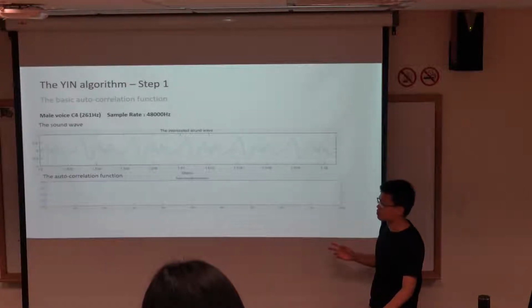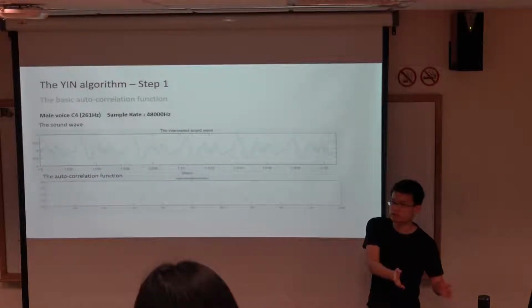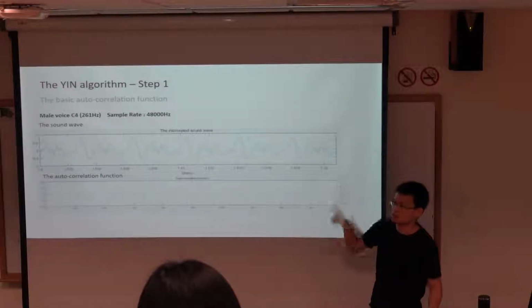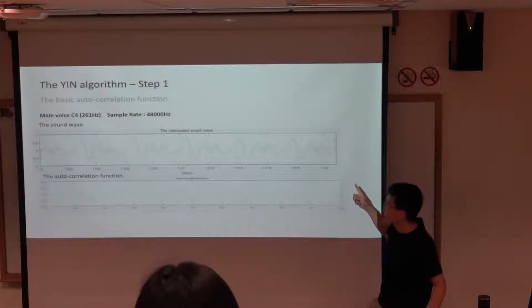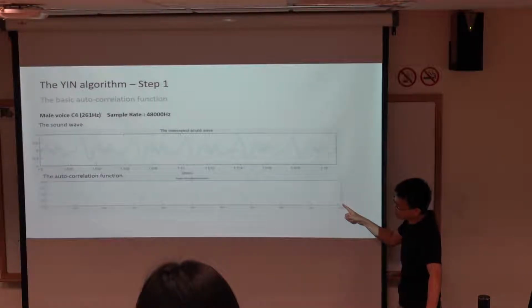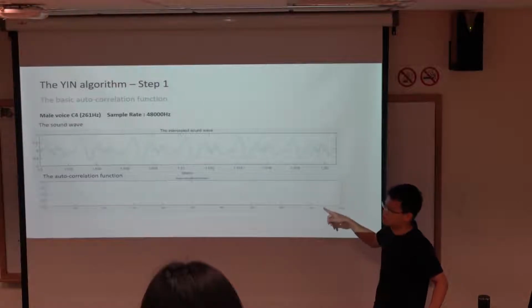And if we do a DFT, we don't know which frequency to choose, because in the lower parts of the DFT spectrum, there will be a lot of peaks. So we actually don't know which is the F0 we want. And if we use the time domain method, it will be a little bit clearer, but not very clear actually.